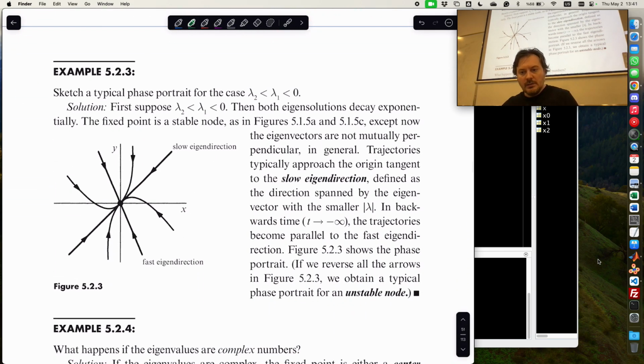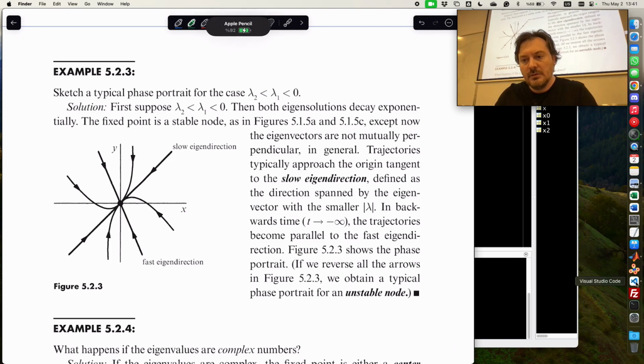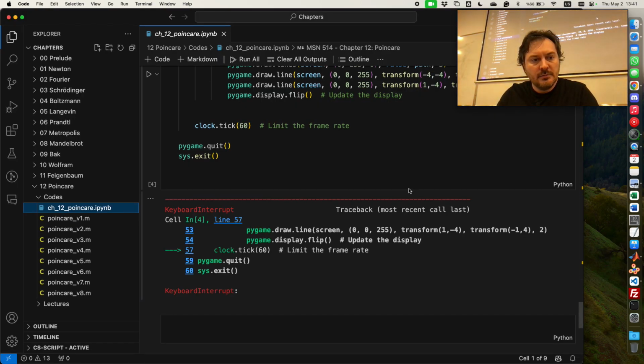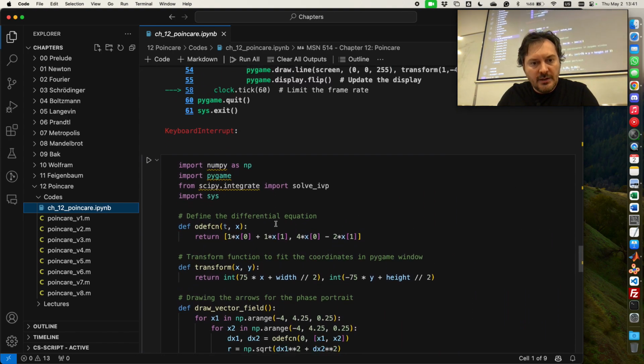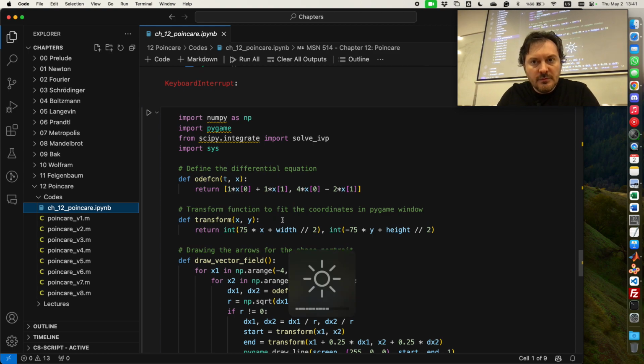I have a code for this one. Here's the code. You have some function here, x1 plus x2 and 4x1 minus 2x2.